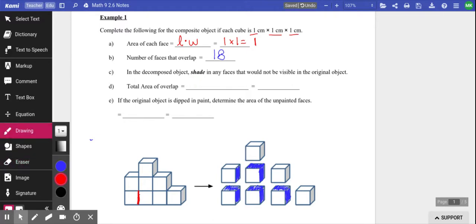So what we're going to do is area of one side times the number of overlaps. I'm just putting OL for overlaps. So for us, that would be 1 times 18. That means we'd have an area of 18. Total area overlapping would be 18 centimeters squared.